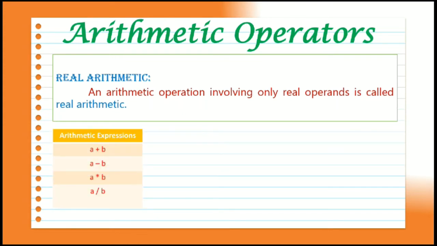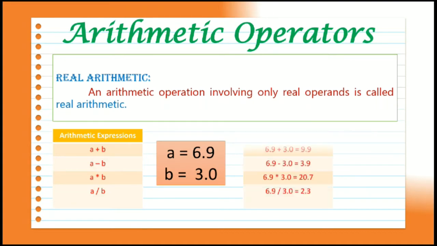For example, if the value of A is 6.9 and the value of B is 3.0, then A plus B, that is 6.9 plus 3.0, the answer will be 9.9. 6.9 minus 3.0, answer will be 3.9.